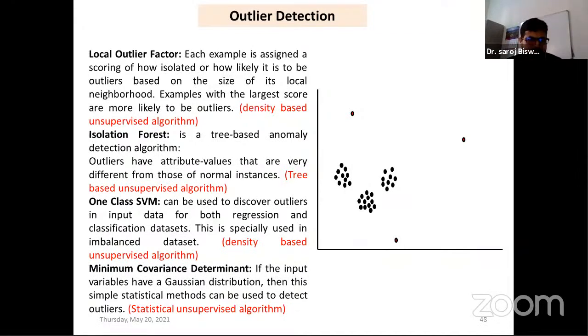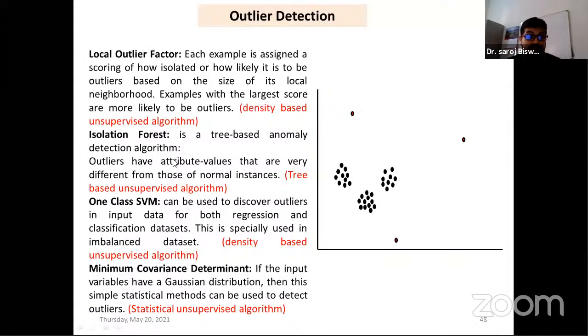Based on the nearest neighbor concept, it finds the score of each observation of a database. If this score is greater than a threshold, then we can say that observation is an outlier. So in the case of local outlier factor, the score is calculated based on k nearest neighbor.